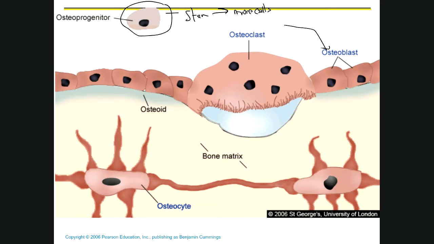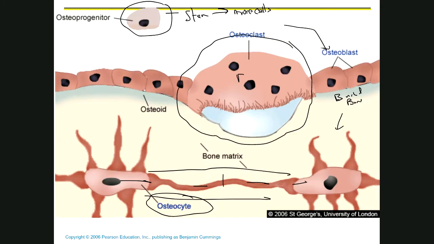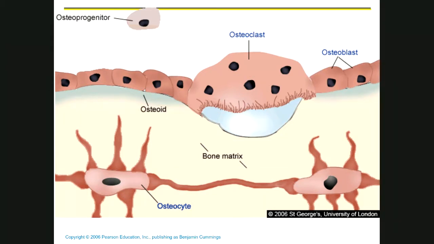And they're going to build bone. And as they build bone, they're going to get trapped inside. And so they're going to become osteocytes. And look, here's their arms, and they're holding hands right here so they can pass materials from one cell to the other. And then the 4th type of cell is this one that removes the bone, osteoclast. So 4 types of cells we find in bone.